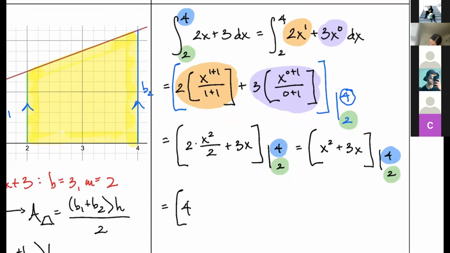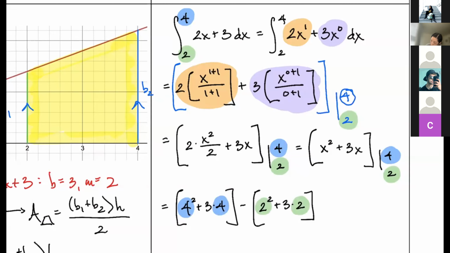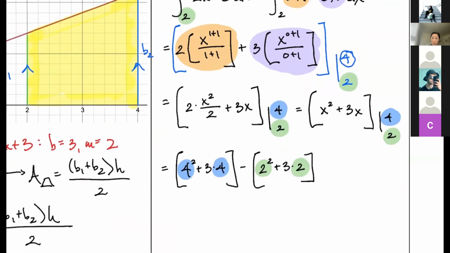So 4 squared plus 3 times 4 minus 2 squared plus 3 times 2, 4 and 4, 2 and 2, just to keep track of where those numbers came from.